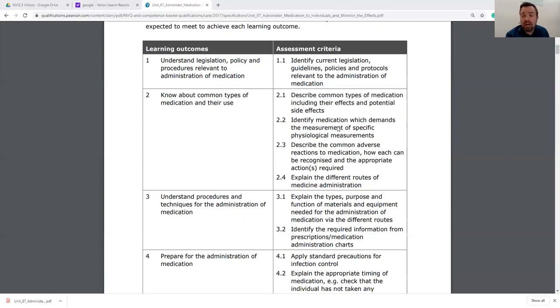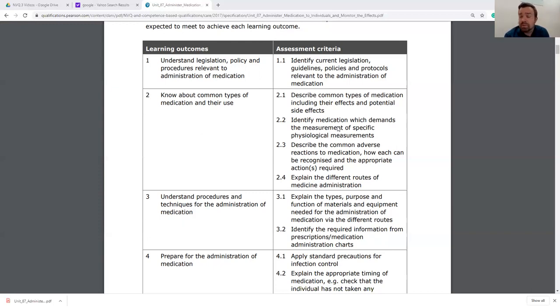You may have medication for mental health. Common types might be antidepressants or SSRIs, selective serotonin reuptake inhibitors. They're designed to promote natural serotonin in the brain and to release that feel-good chemical in your brain that helps you feel better again.